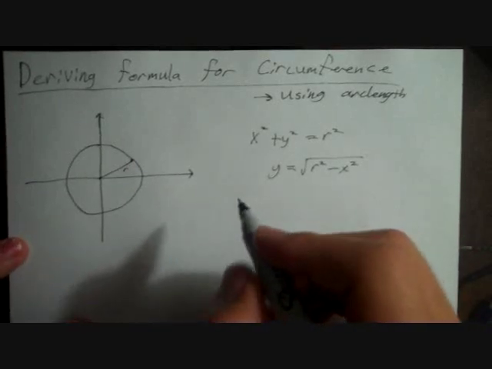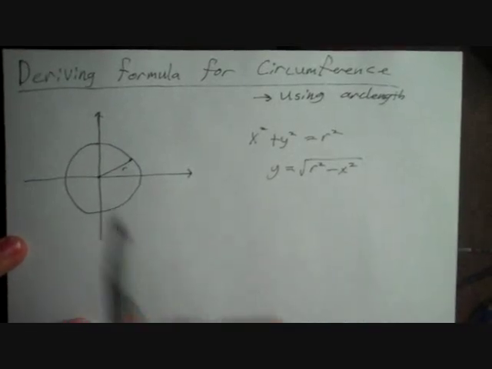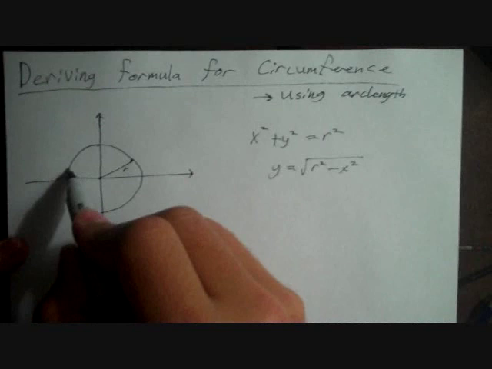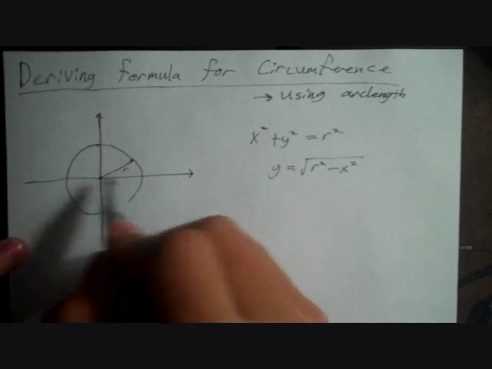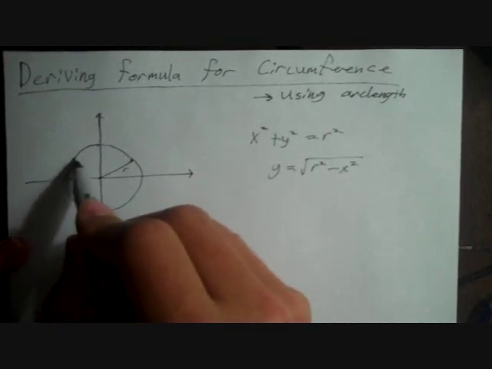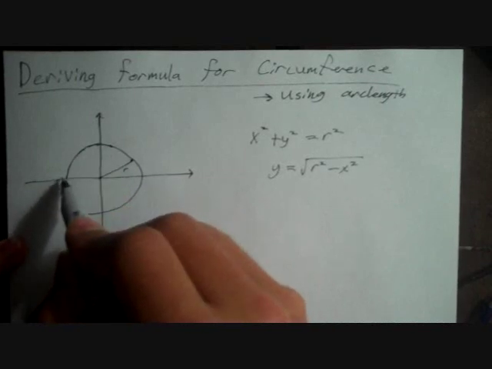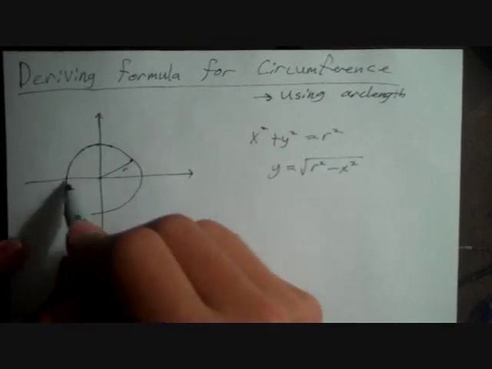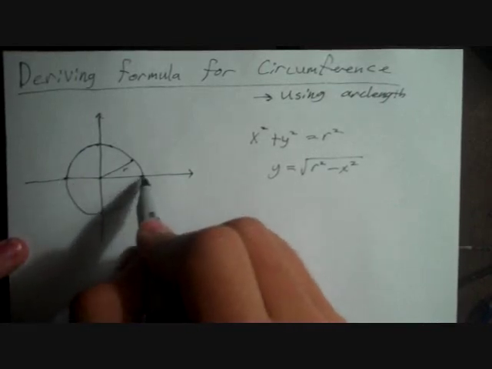So we want to find the arc length of our circle function, which would actually be our hemicircumference, the circumference of half of our circle.